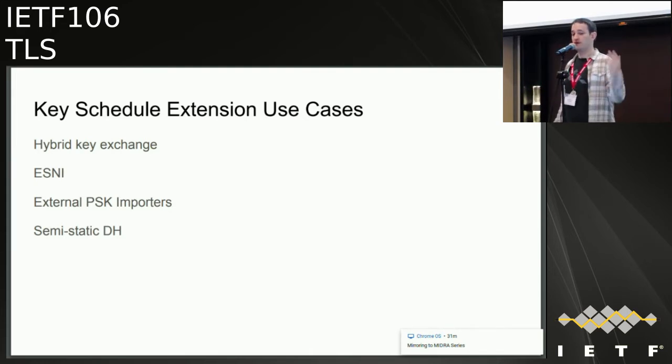For obvious examples, hybrid key exchange: if you want to be able to use a quantum safe key exchange simultaneously with TLS, without having to allocate new code points, you could just define yourself a hybrid key exchange draft, and this would let you include these keys and inject them into the key schedule without having to worry about, do we define composite code points? Do we define multiple lists? This just sort of walks around all of that.